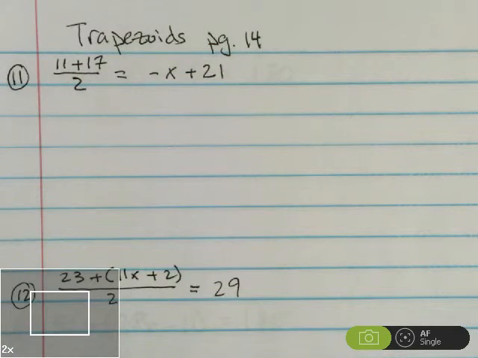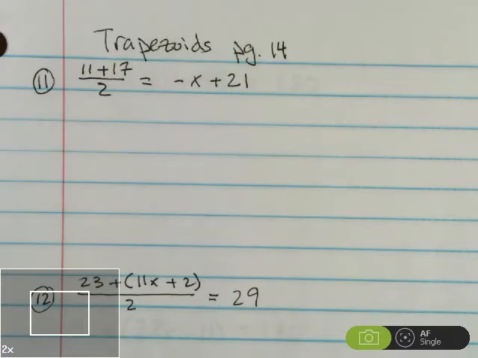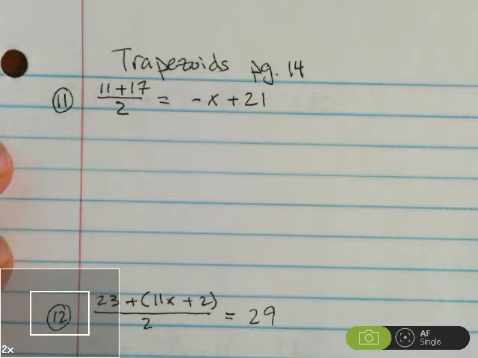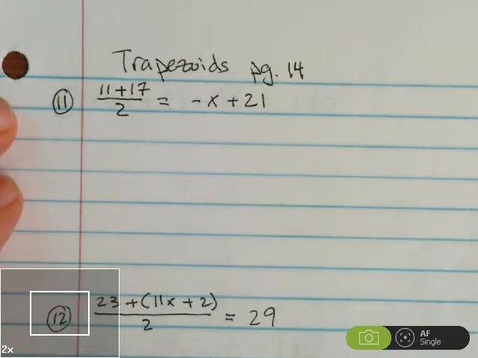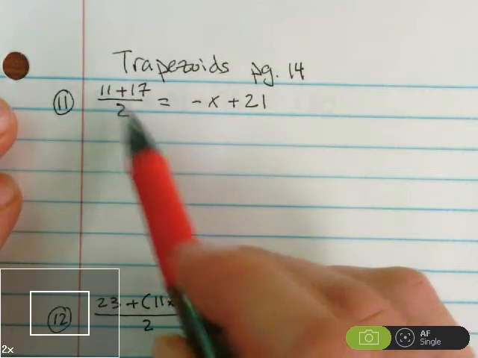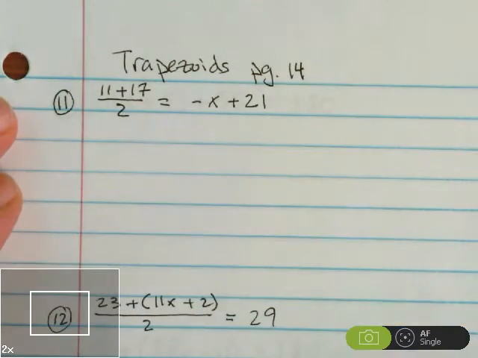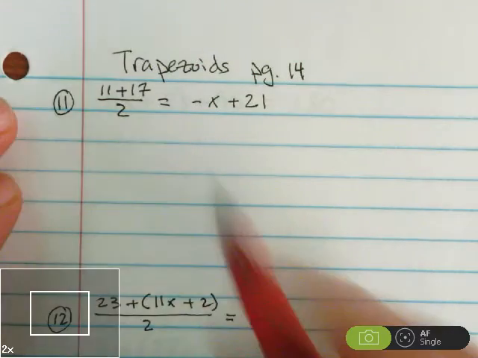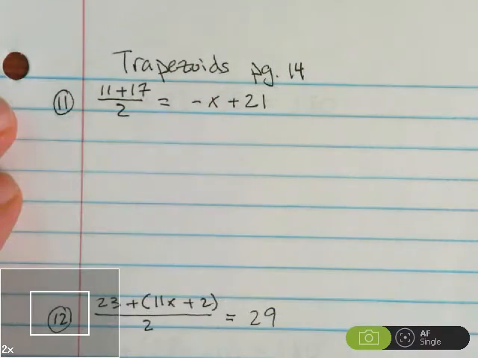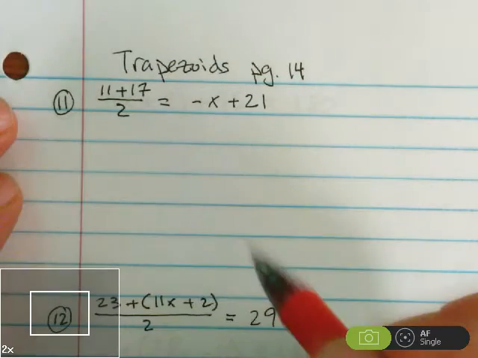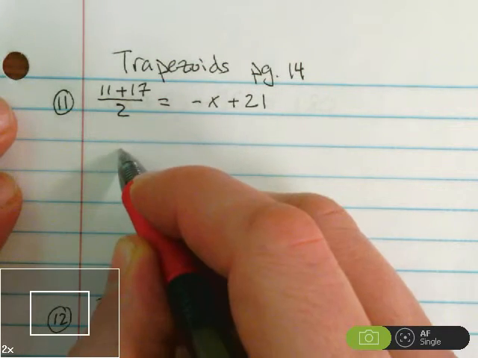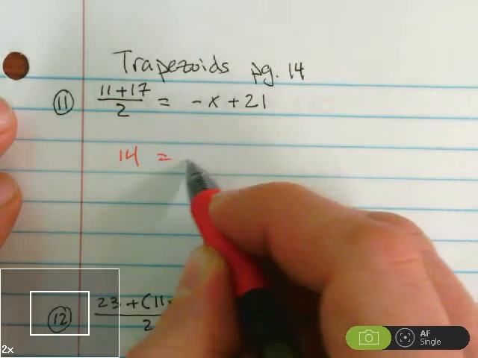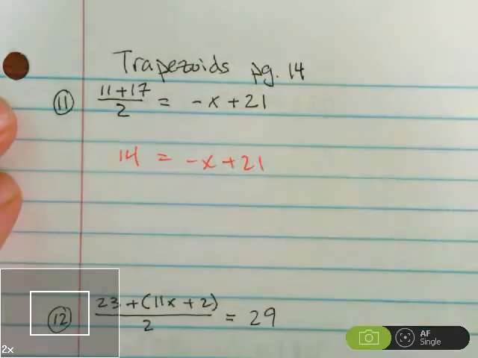Alrighty, now it's time to solve our trapezoid equations from page 14, starting with number 11. Again, we've already set up all the equations. All we have to do now is solve them, just algebra. First of all, this right here is just an expression with no variables in it. So 11 plus 17 is 28, divided by 2 is 14, equals negative x plus 21.